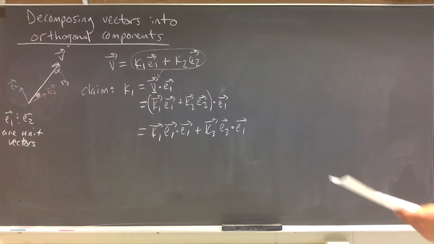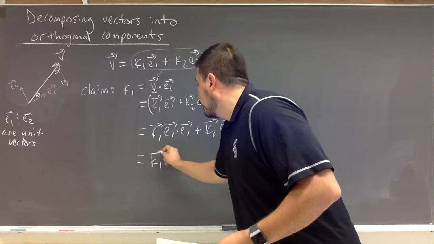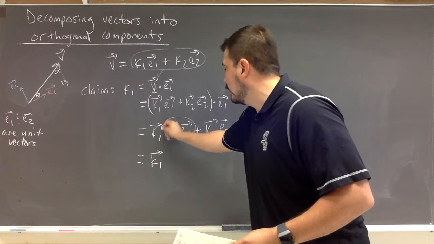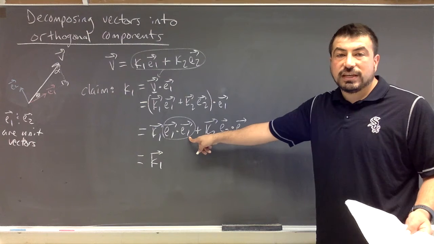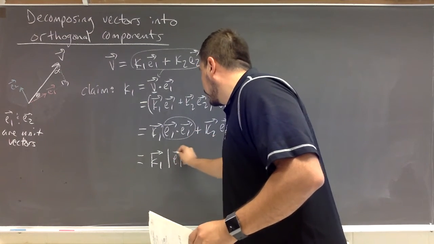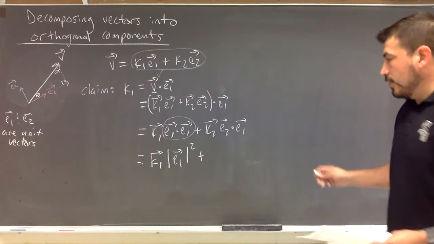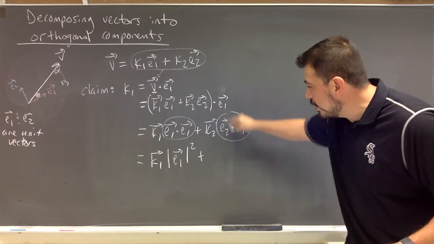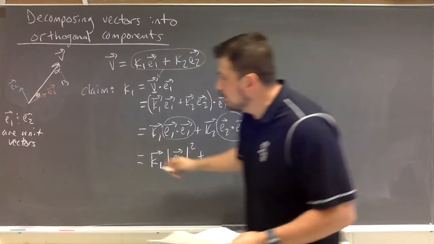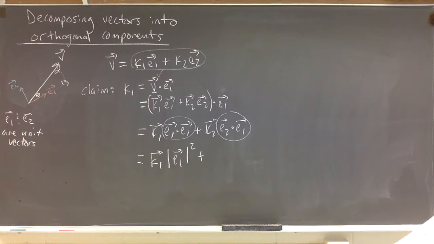And so how does that help us? Well, we know that the dot product of a vector with itself is just going to be the magnitude of that vector squared. And we also know here we have a dot product of two vectors that happen to be orthogonal to each other by the setup that we have at the beginning.